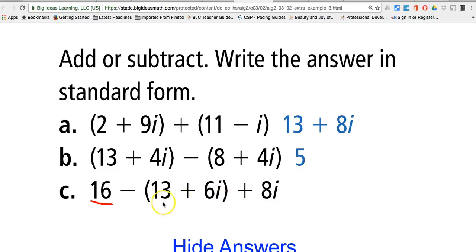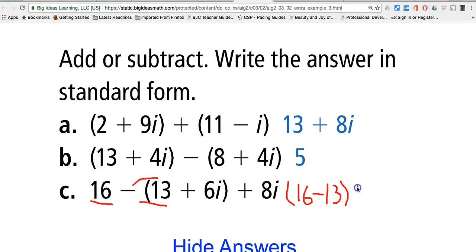So here, let's find all of our real terms. In this case, our real terms are 16. And remember, this negative goes to each of these terms in here. So minus 13. So we get 16 minus 13 as our real portion.